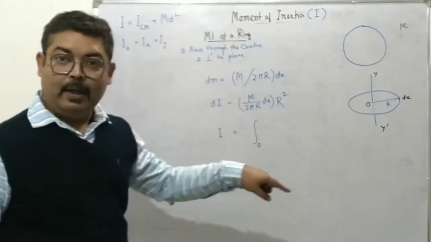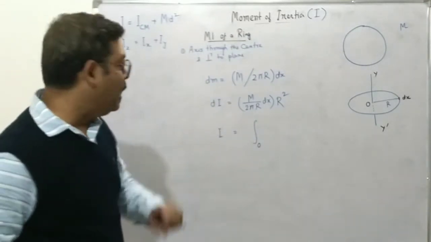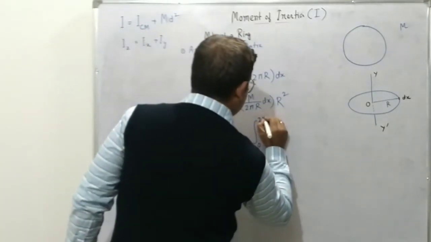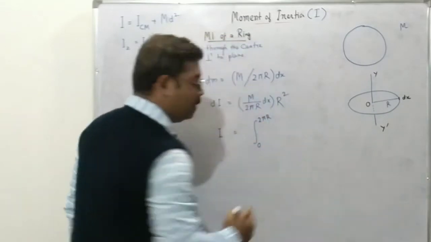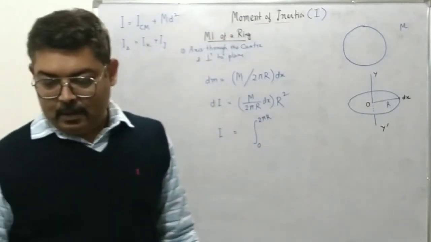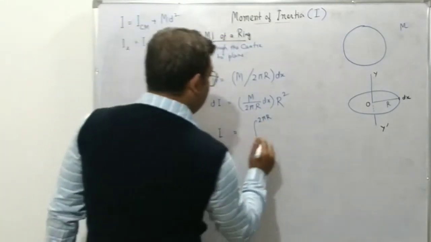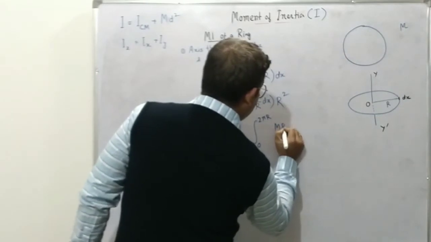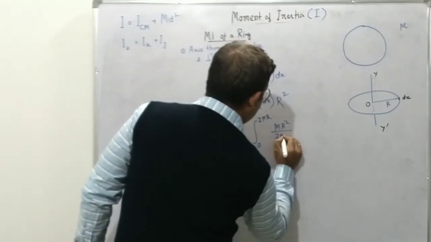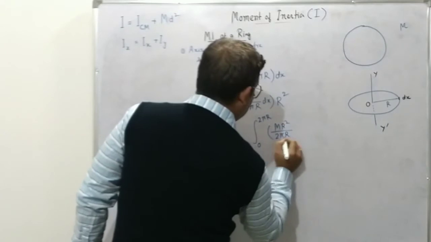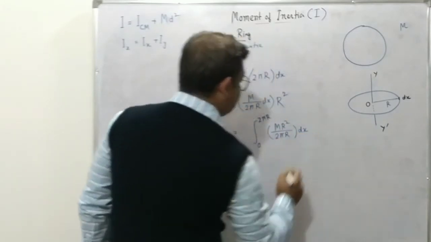So we will have to integrate it over the length of the ring. And what's the length of the ring? That is 2 pi r. So we integrate M r squared by 2 pi r and then dx.